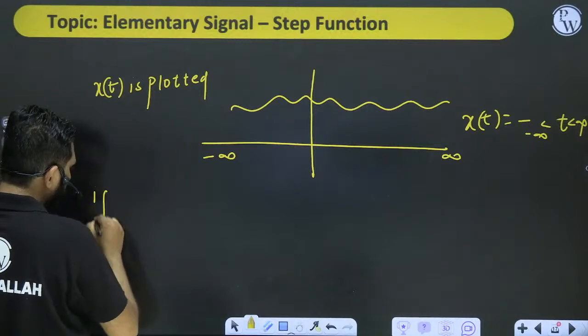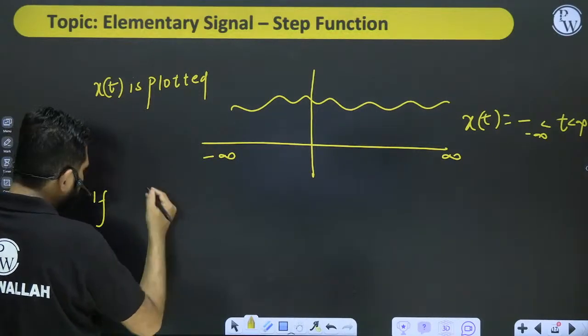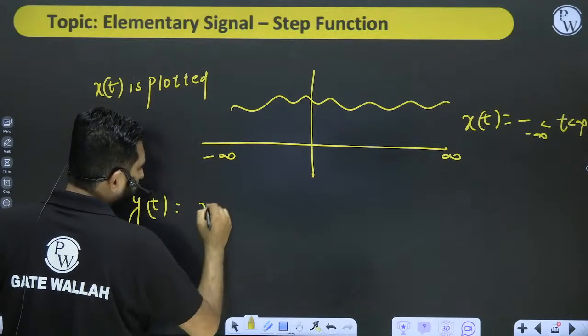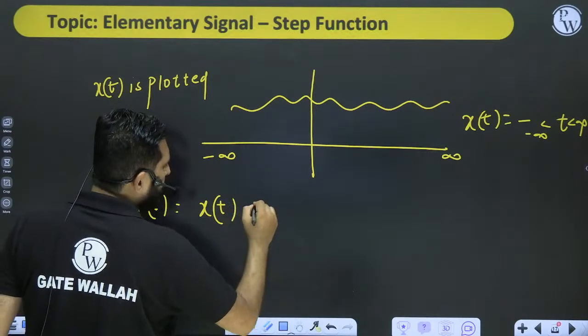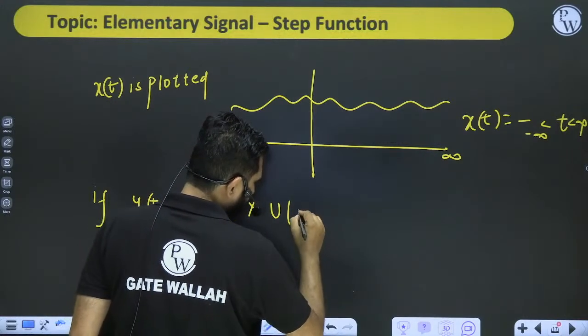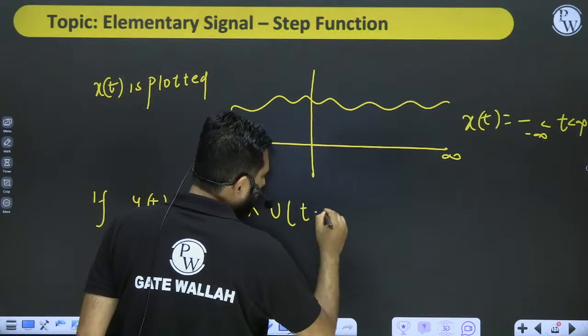Let's say y(t) is x(t) into u(t minus 3), case a. Case b: y(t) is x(t) into u(minus t minus 3).